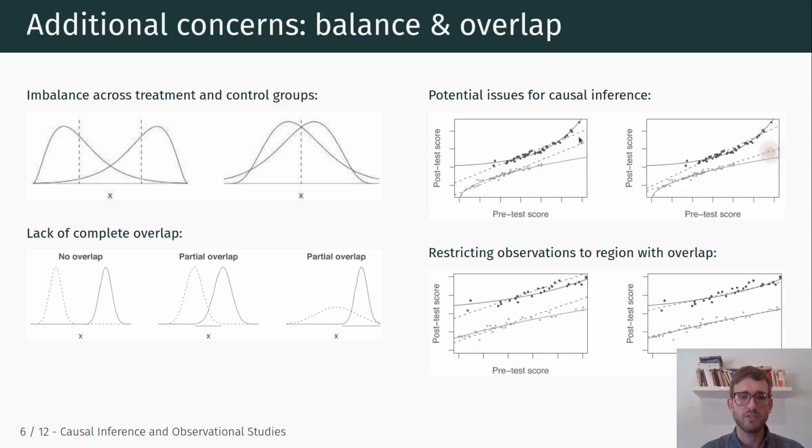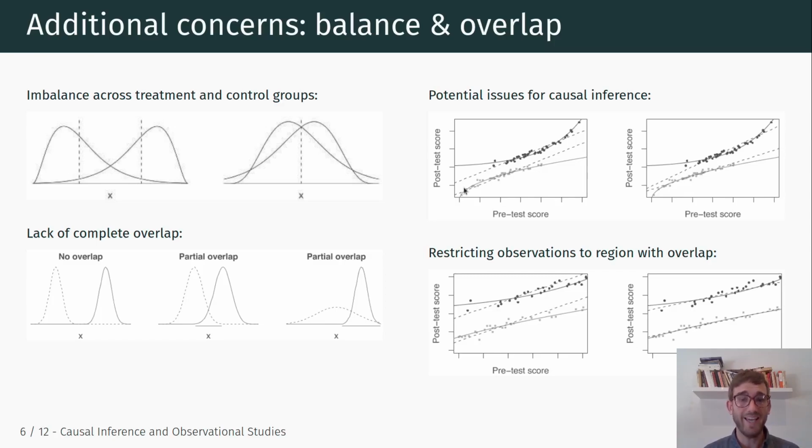Here it's much larger than here, or on the lower end it's much smaller, including an interaction, than it is here, right? So that ultimately means that if we don't have a complete overlap, then our inferences outside of the overlap range are highly dependent on our model specification.